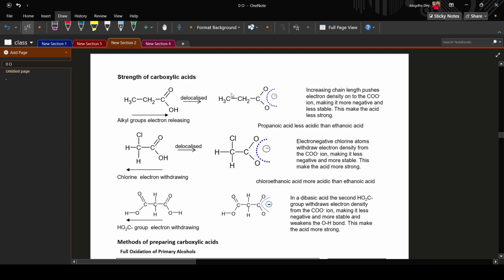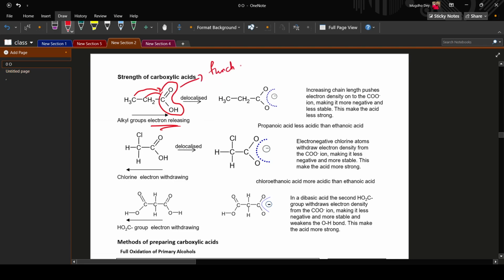Strength of carboxylic acid. A little while ago we saw that alkyl groups are electron releasing, right? So they're basically releasing electrons. Increasing the chain length pushes electron density onto the COO. When you increase the chain length, more alkyl groups are donating electrons to this group down here, the main functional group of carboxylic acid.